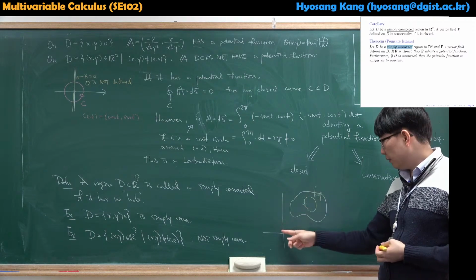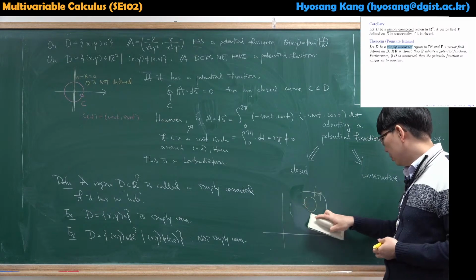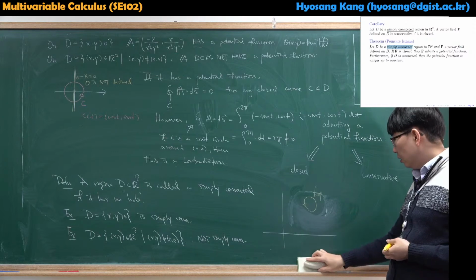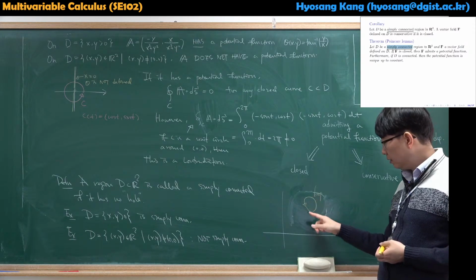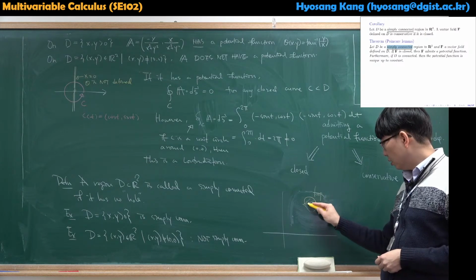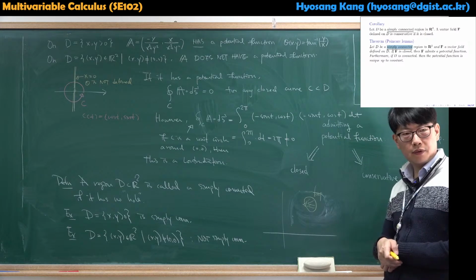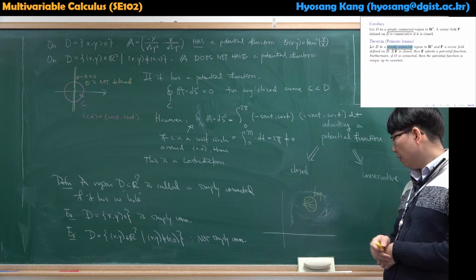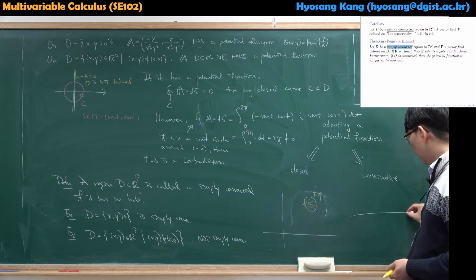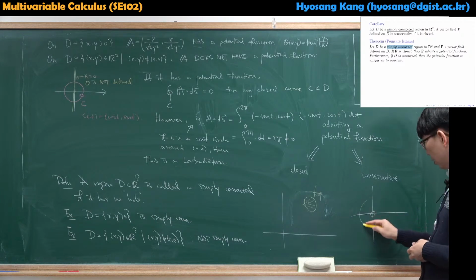So for example, if you have the entire first quadrant, then if you take a loop inside of the first quadrant, you can always shrink your loop into one point inside the first quadrant. However, if you take the second domain, whose origin is missing, you take a loop.